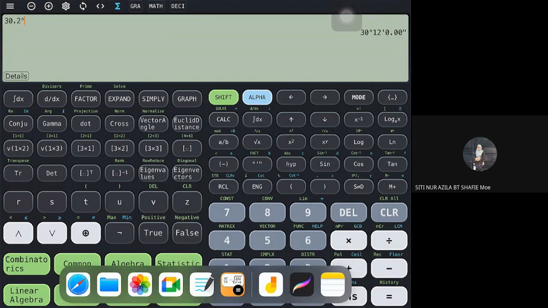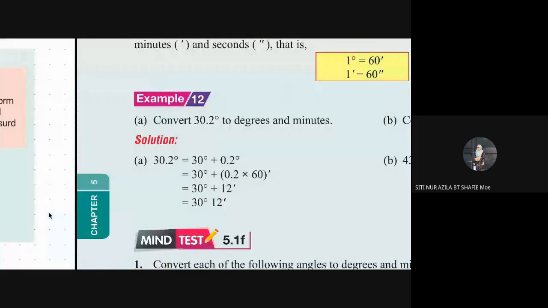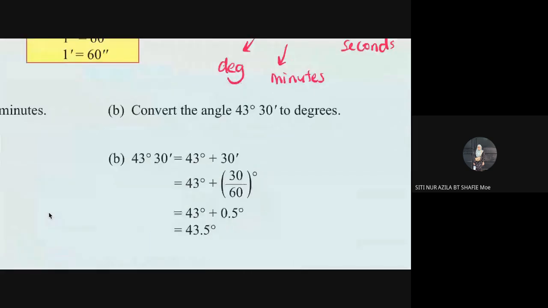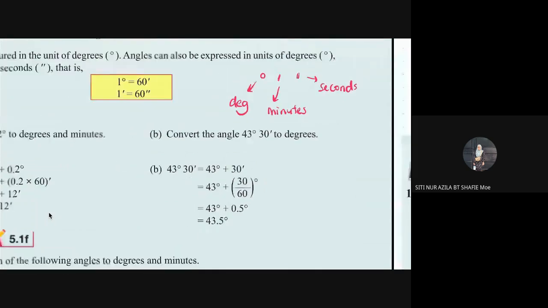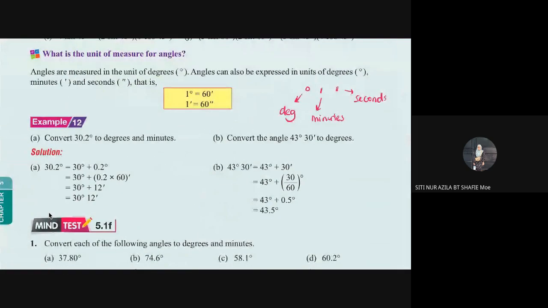Any question? Continue with example B. So now what if you have degree and minutes, you want to convert to degree. The same concept as before. Before this, we multiplied by 60. But now since we want to convert to degrees, we are going to divide by 60.